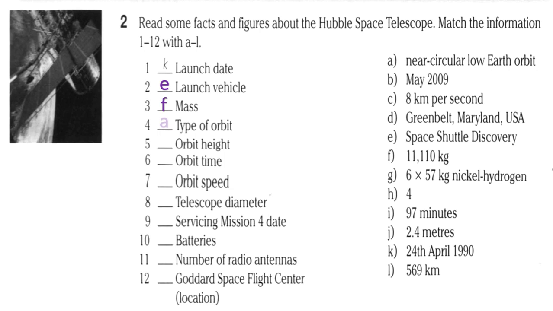Type of orbit, it's A. 5, orbit height, it's L. Orbit time, I. Speed, C. 8, J. 9, B. 10, batteries, it's G. 11, H. 12, D.